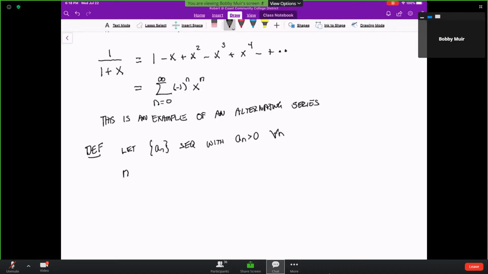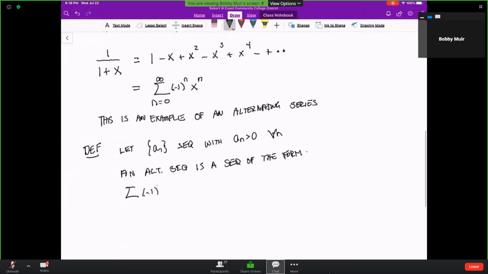Then an alternating series is a series of the form the sum of (-1) to the n times a sub n.